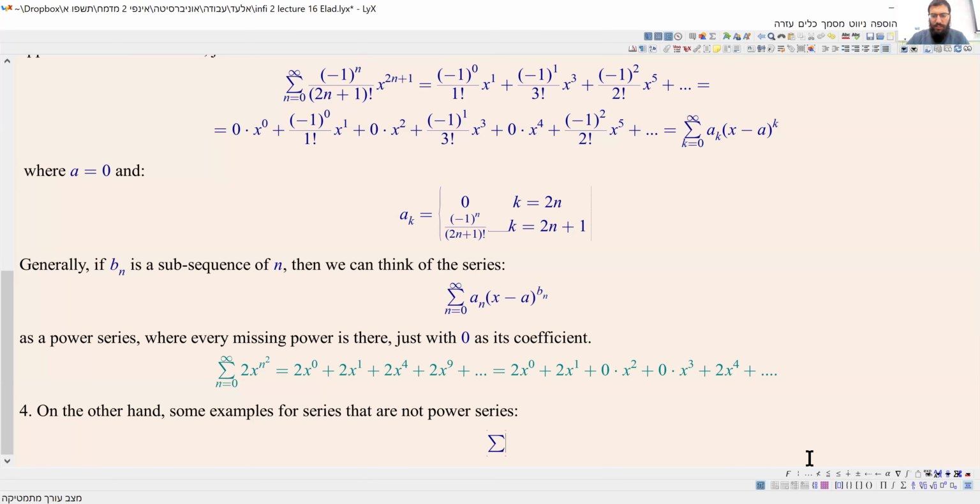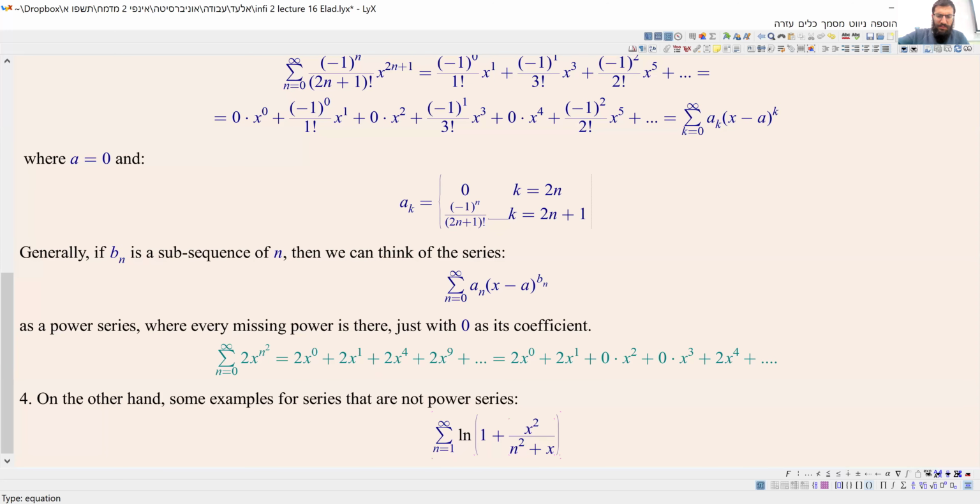You name it, many of the things we've seen last week will do. Ln of 1 plus x squared over n squared plus x squared plus 6 or something like that. We've already done this in previous lectures. It is not x to the power of something, right? Or the sum from 0 to infinity of arctan of nx.